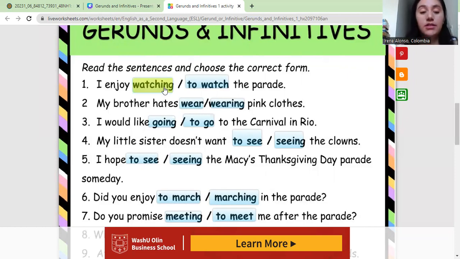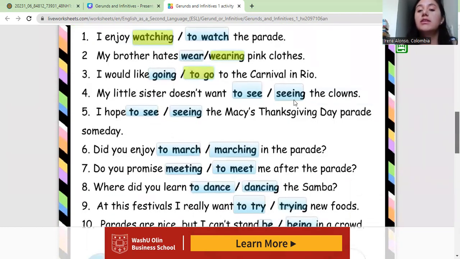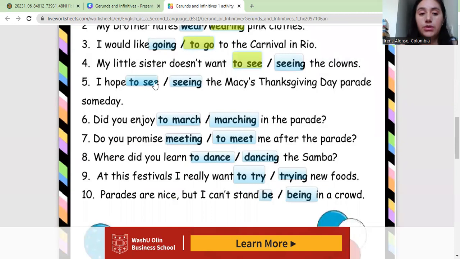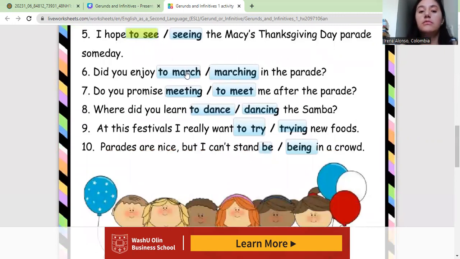My brother hates wearing. I would like to go to the carnival in Rio. My sister doesn't want to see. I hope to see. Did you enjoy marching?